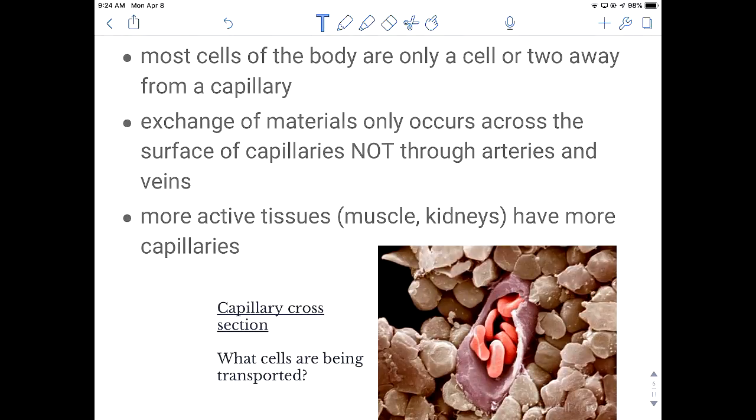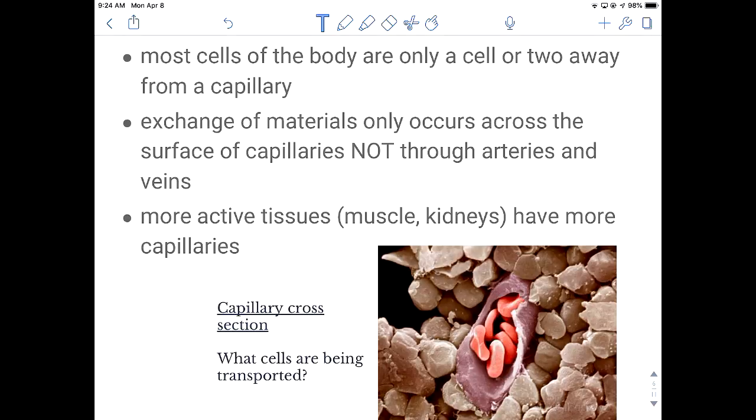So most cells of the body are only a cell or two away from a capillary. This is probably one of the reasons it's difficult to draw. You have to think that every single cell in your body is not more than one cell away from a capillary. So capillaries really permeate everything.